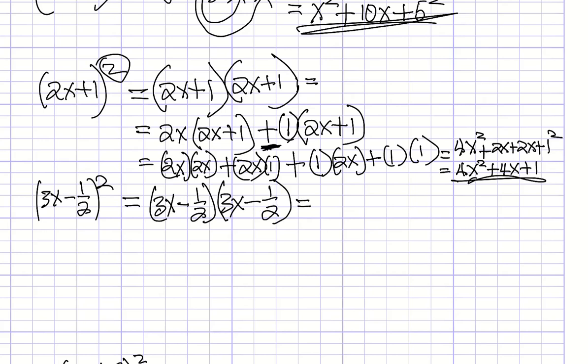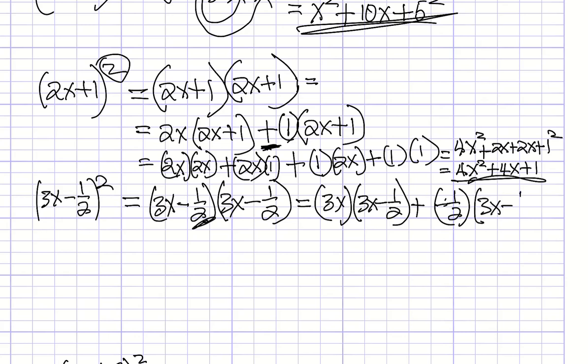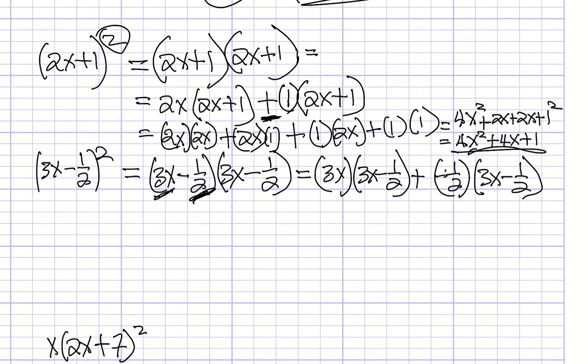Basically, what they're telling you is do 3x times 3x minus half, and then you do that one, negative half times 3x negative half. You multiply it out like that. Multiply this with both terms on the left. That's all. And then you simplify.